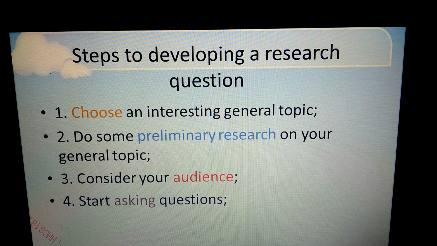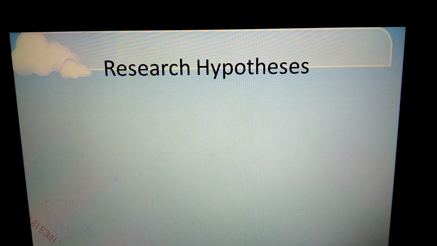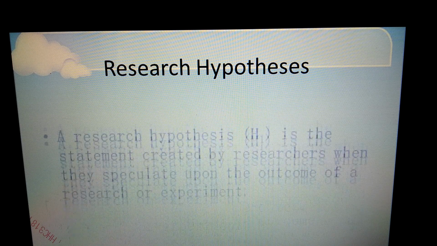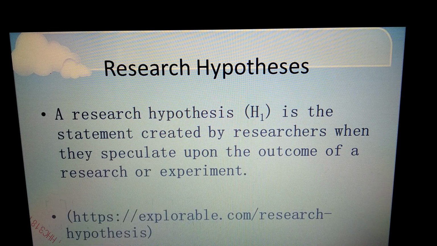I want to introduce the research hypothesis. A research hypothesis is the statement created by researchers when they speculate upon the outcome of a research or experiment. There are three types of hypothesis. The first type is null hypothesis. The second type is directional alternative hypothesis.